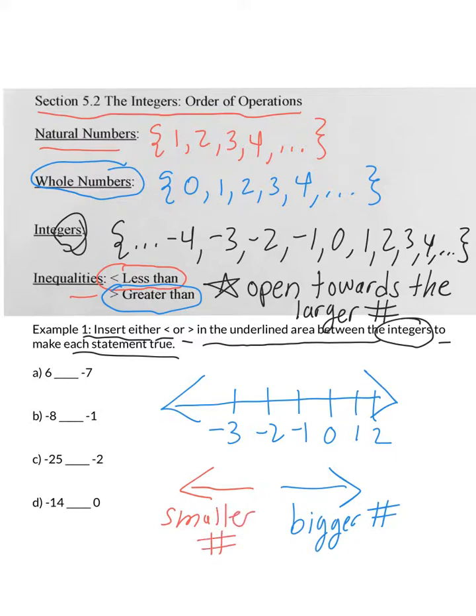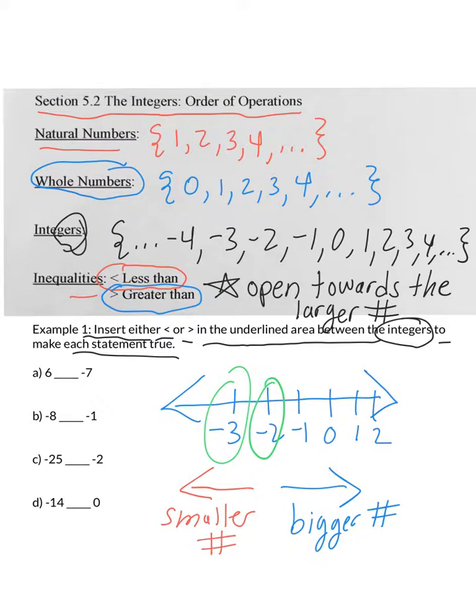So I can see that -2 is bigger than -3 because -2 is to the right of -3 on a number line. So that's the first way you could get the right answer for all these parts of example 1. Whatever number is further to the right on a number line, that's your larger number. You want to open your inequality symbol towards that number.